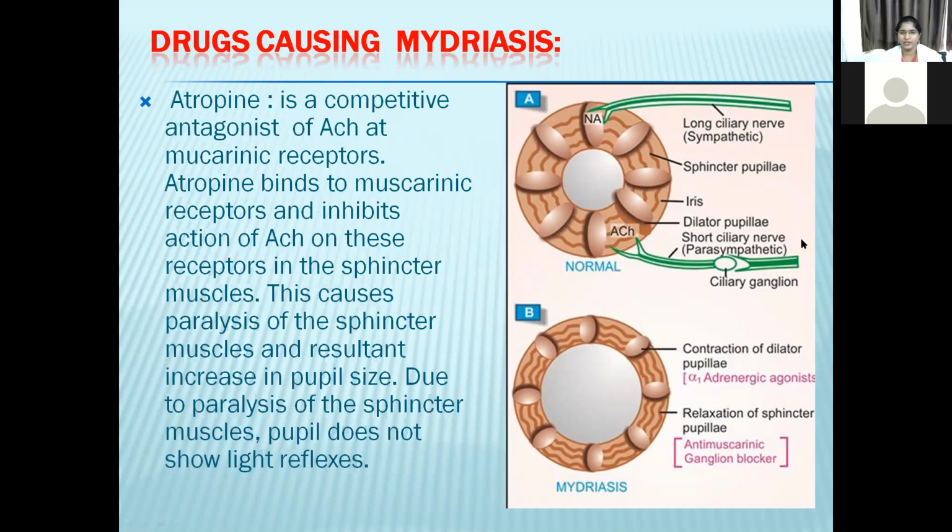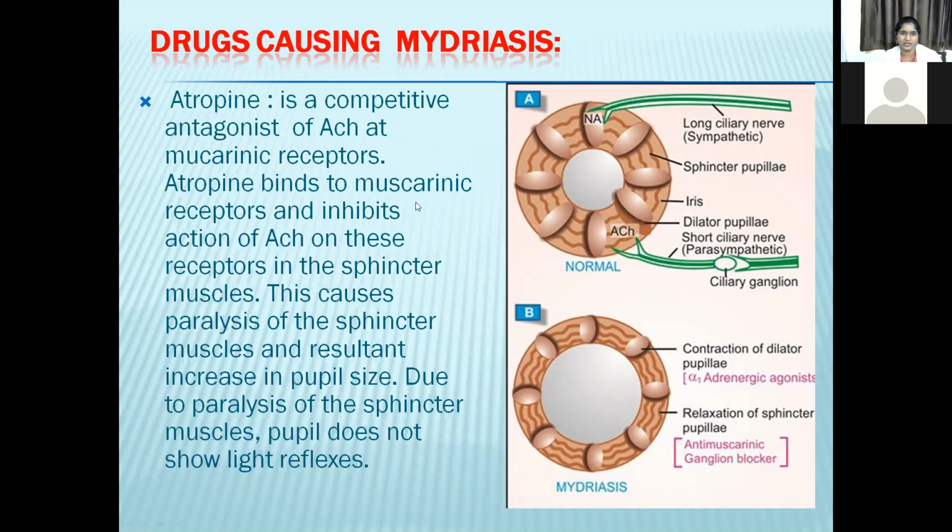And here you can see atropine, relaxation of the sphincter pupillae. Relaxation of the sphincter pupillae or circular muscles by using antimuscarinic or anticholinergic drugs. Atropine is a competitive antagonist of acetylcholine at muscarinic receptors.